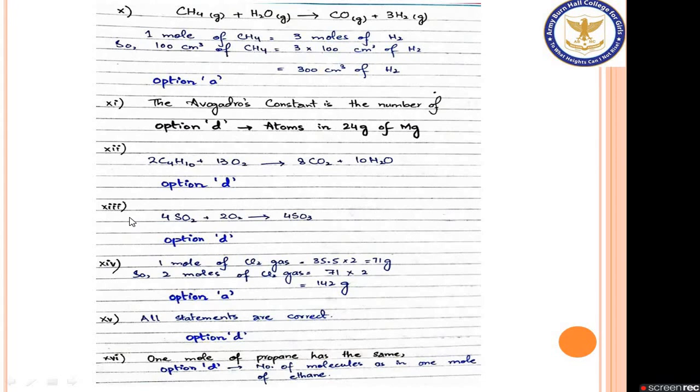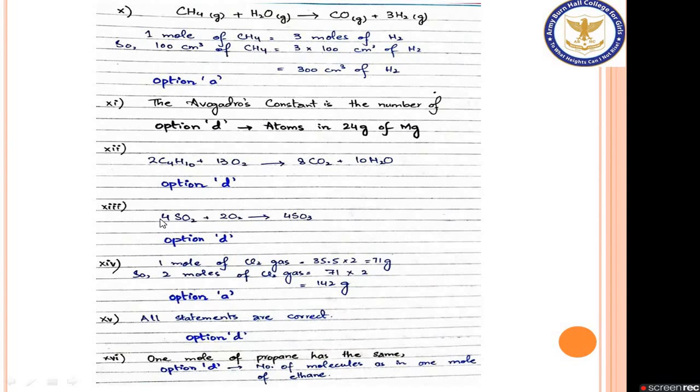The 13th one: if 4 moles of sulfur dioxide are oxidized to sulfur trioxide, how many moles of oxygen molecules are required? Again in this MCQ you have to write the balanced chemical equation. They have given us 4 moles of sulfur dioxide, so how many moles of oxygen will be required for the oxidation of these 4 moles of sulfur dioxide?